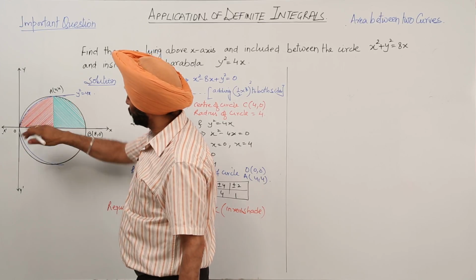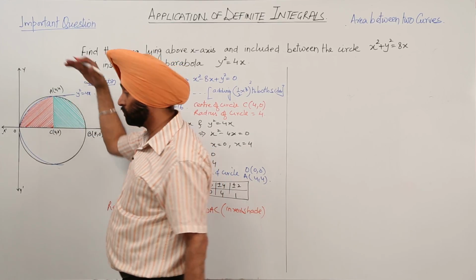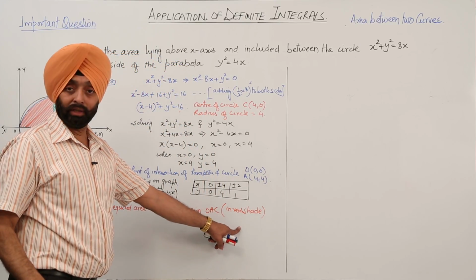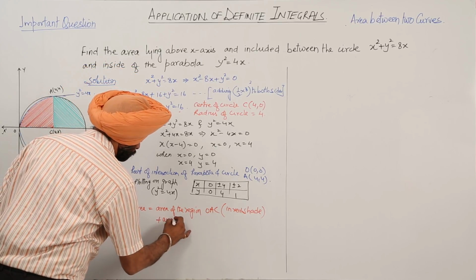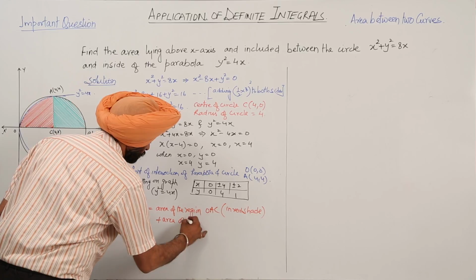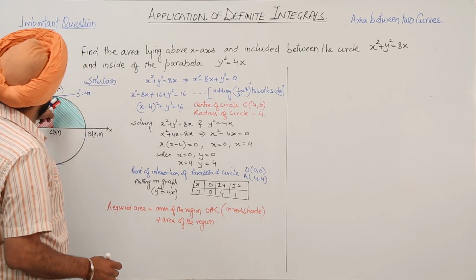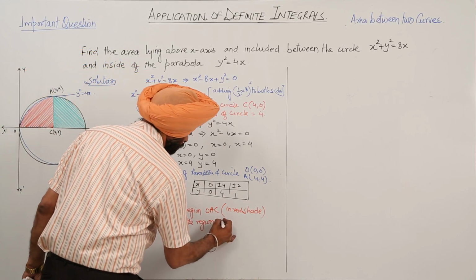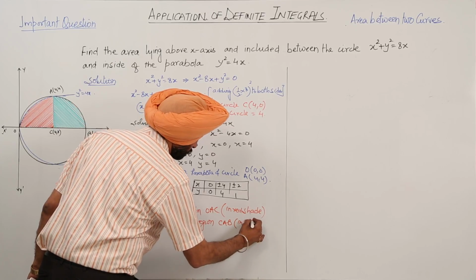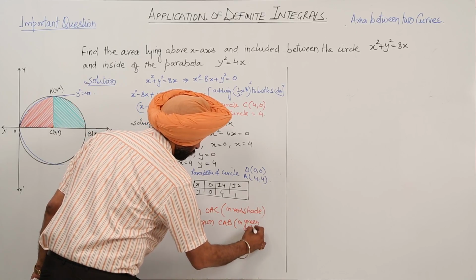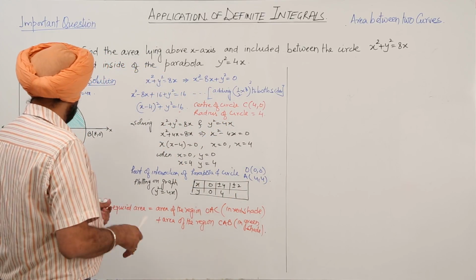A doesn't take the outer side of the circle, it is for the parabola. Okay, so that's why I have mentioned it in red shade. Plus the area of the region C, A and B in green. Is it clear?